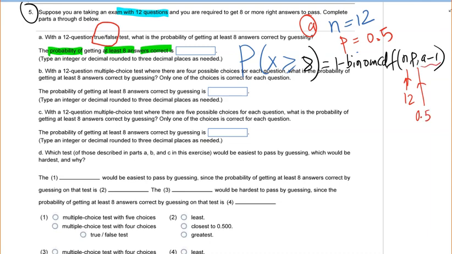This is a minus 1, and the X value, 8, is a. Therefore a minus 1 is 8 minus 1, which is 7. Therefore you have to input everything in the calculator properly to find this probability.